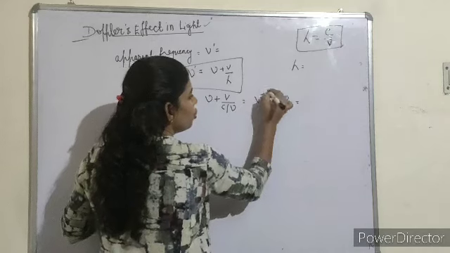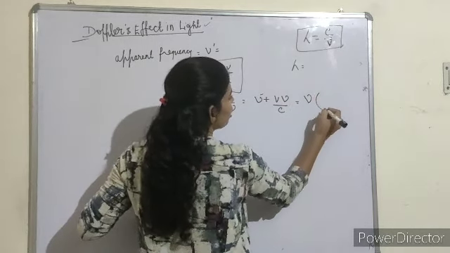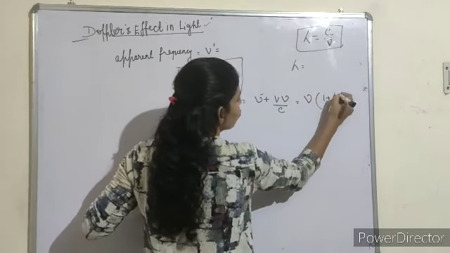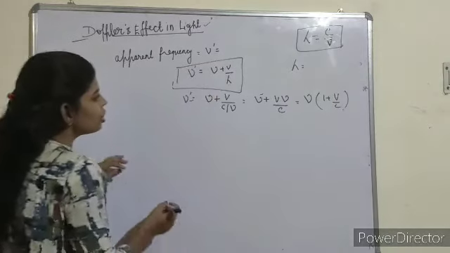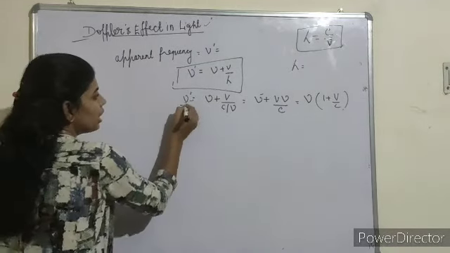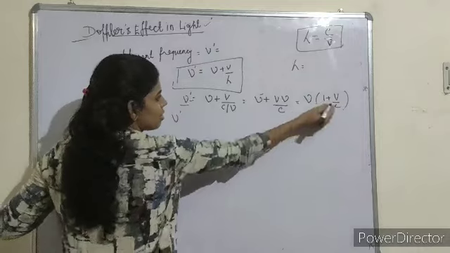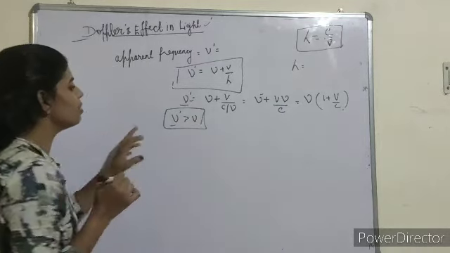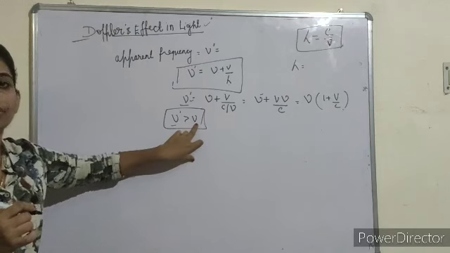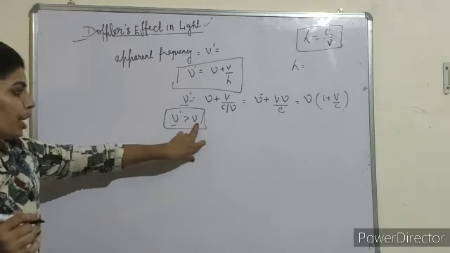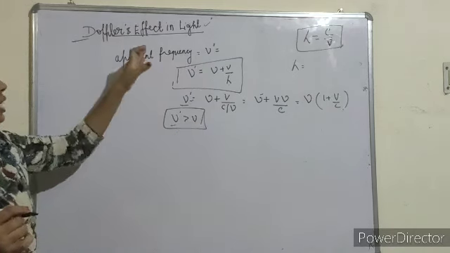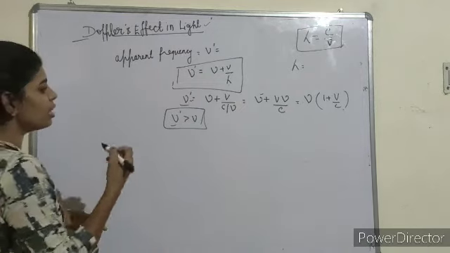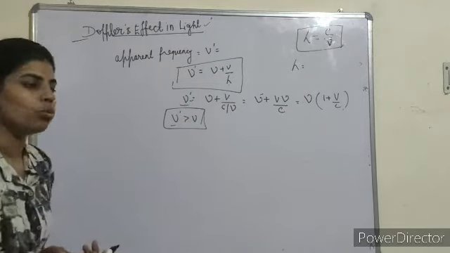We can take nu common and it would become nu into 1 plus v by c. And you can see clearly nu dash is greater than nu. That means apparent frequency is greater than actual frequency of light waves emitted by the source of light, or we can say light waves received by the observer.